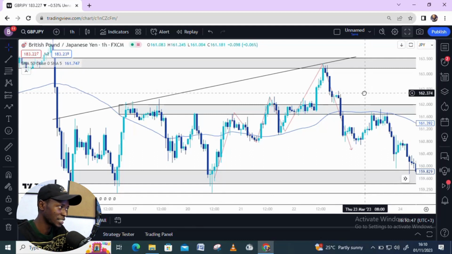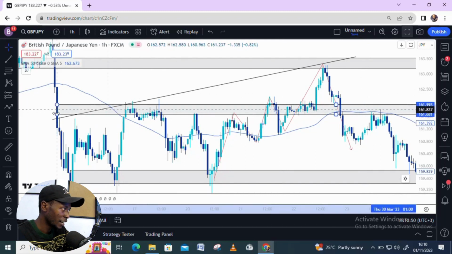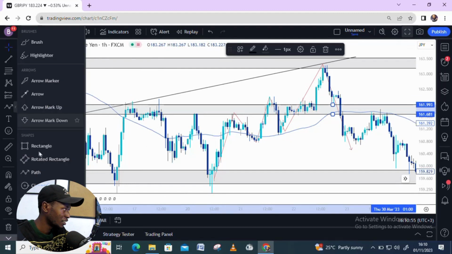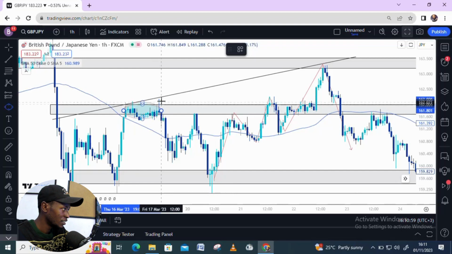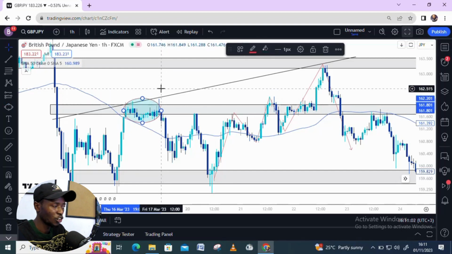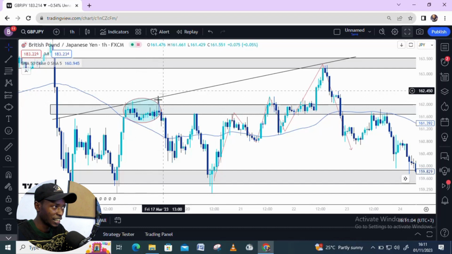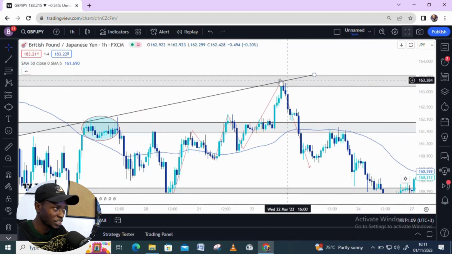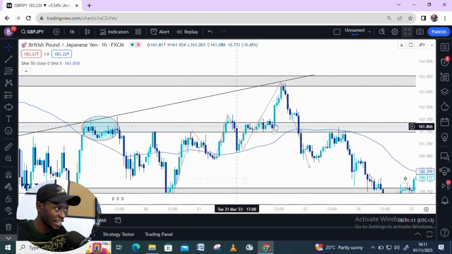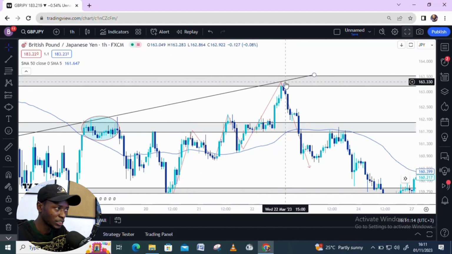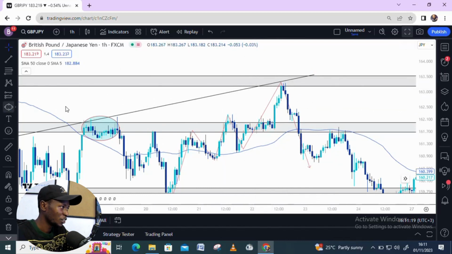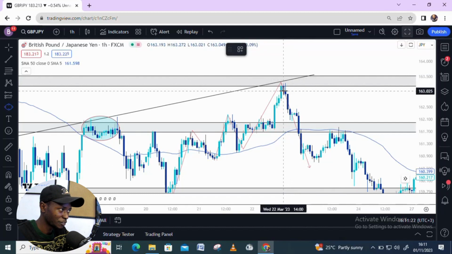For example, this trend line and zone meet right here, making this a strong area. So after first noticing this, we move to the second. The market is moving with higher highs and higher lows, but reaches this point where the trend line and the zone intersect. So this becomes our second area of interest.